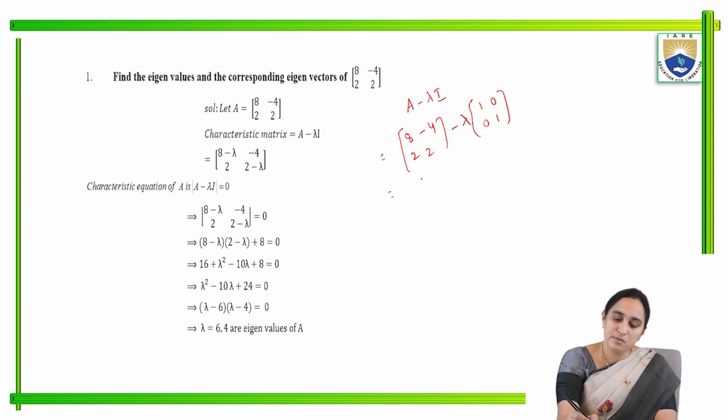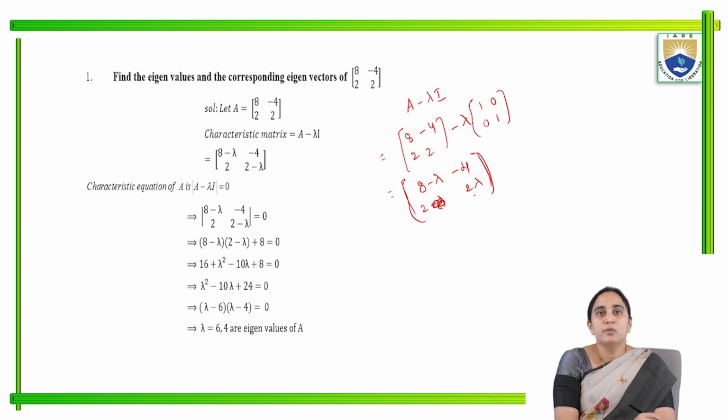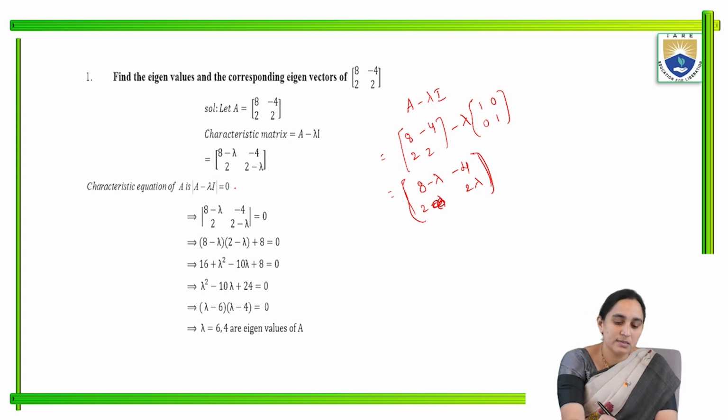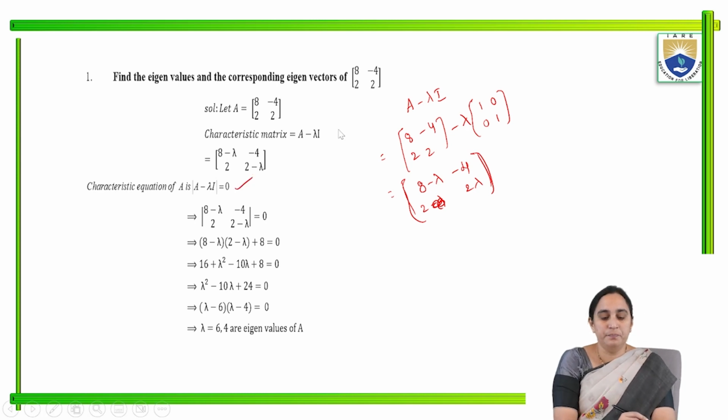Writing it in matrix form, that is [8 minus lambda, -4; 2, 2 minus lambda]. This is the characteristic matrix. We find its determinant and equate it with 0, and that is called the characteristic equation.